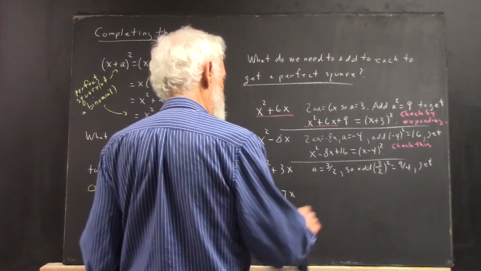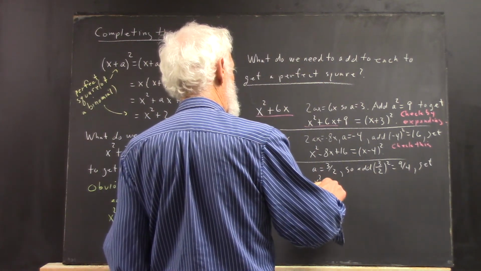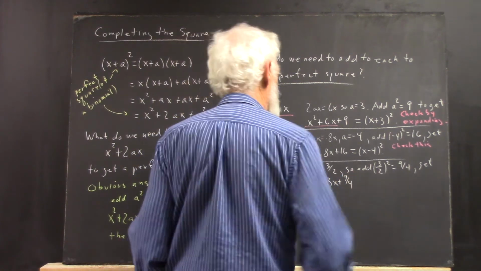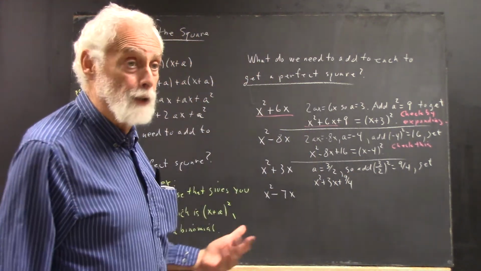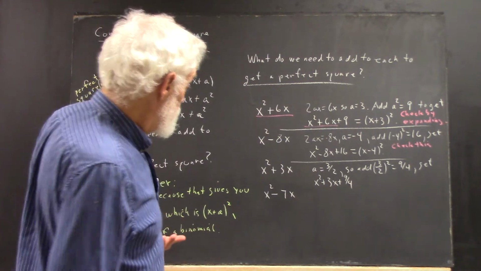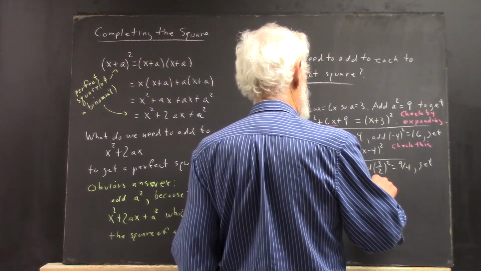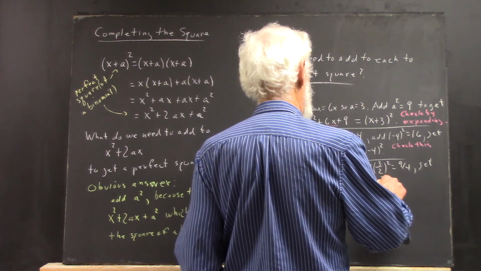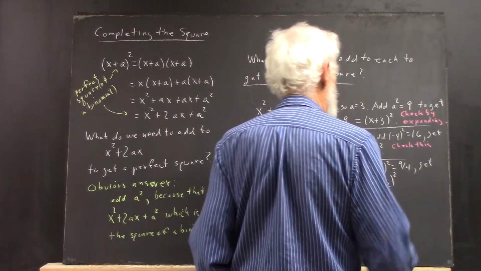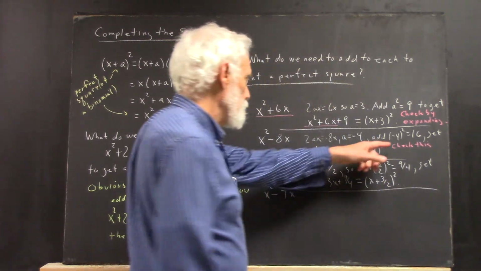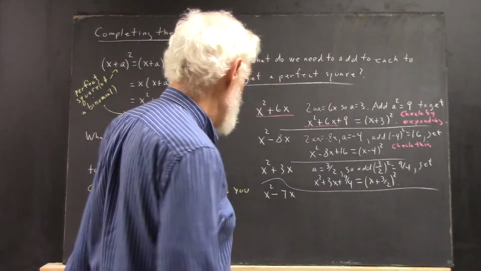And you get x squared plus 3x plus 9/4, and that equals x plus 3 halves quantity squared. You don't have to write it down, you're going to check this.